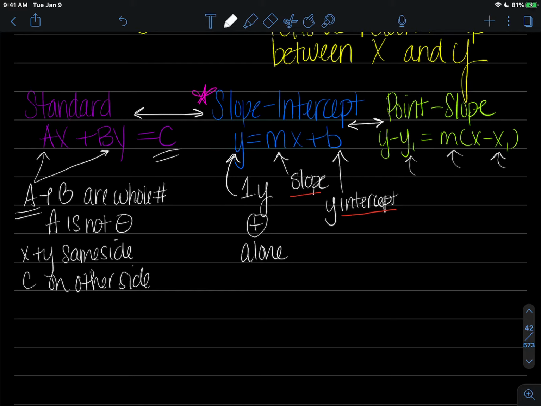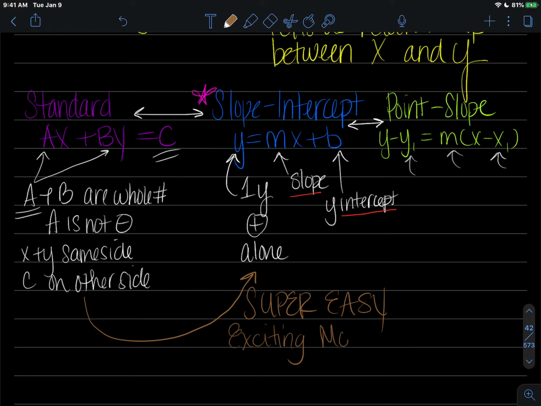So let's talk about how going from standard to slope-intercept is super easy. Okay, so let me write that down in brown. So heading in this direction is super easy. Why? This is just exciting move, great divide.